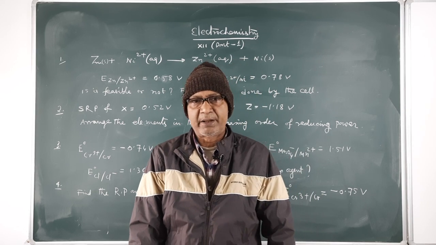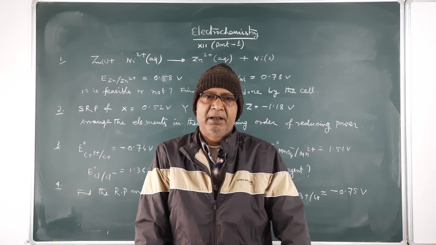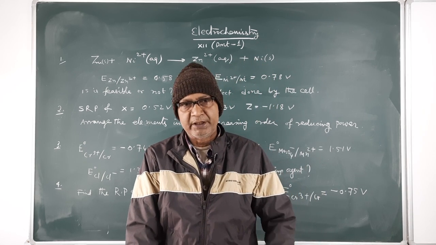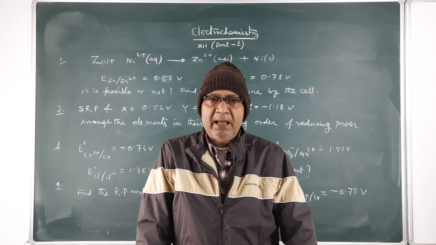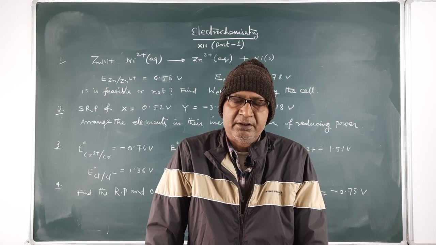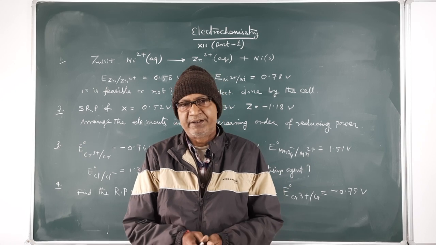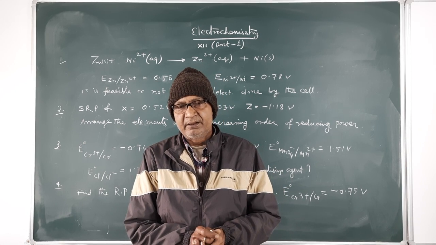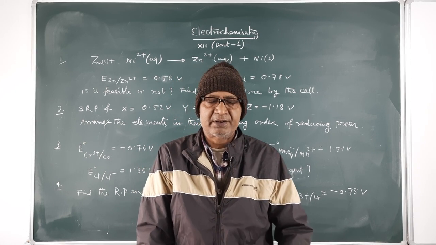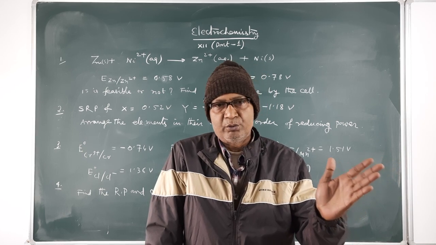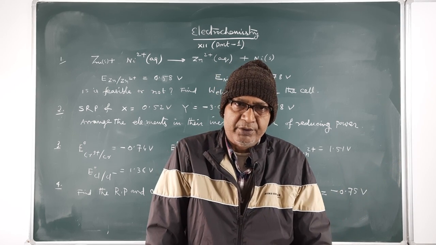You know that an electrochemical cell is a device which converts chemical energy of the reaction into electrical energy. And there is one more type of cell, that is the electrolytic cell. Electrolytic cell is a different thing. It's a device which converts electrical energy into chemical energy, just opposite to it.